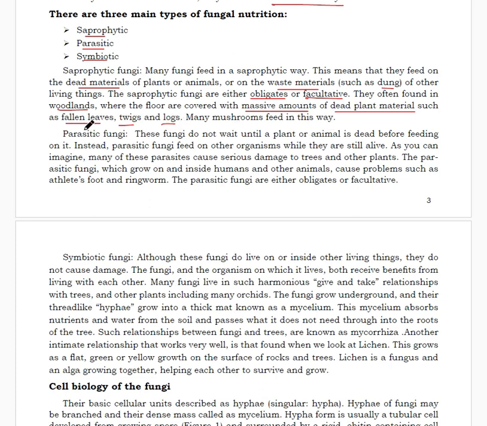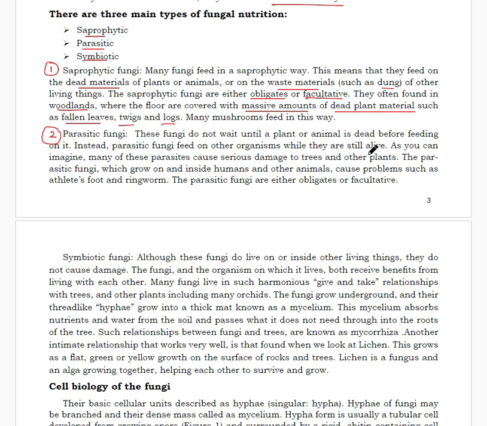Okay, so the second type is parasitic fungi. What are parasitic fungi? These fungi do not wait until the plant or animal is dead. Unlike saprophytic fungi, they feed on it when the plant or animal is living.